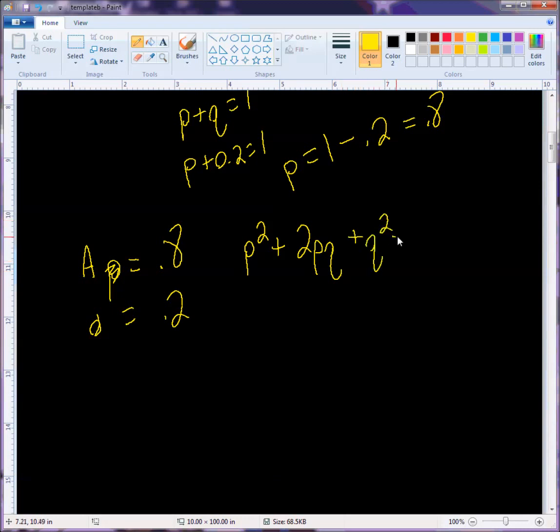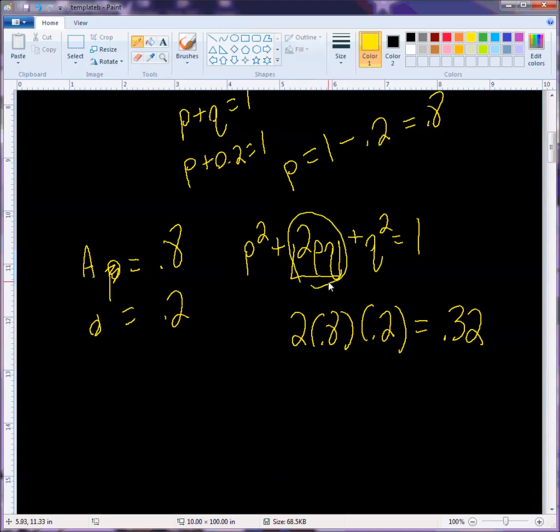We are mostly interested in just this one right here. So 2 times P times Q, 2 times 0.8 times 0.2 is going to equal 0.32. So 32% of the people in the population should be heterozygous, big A, little a.